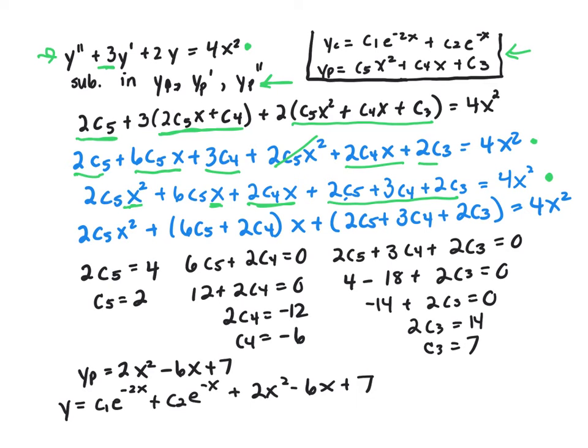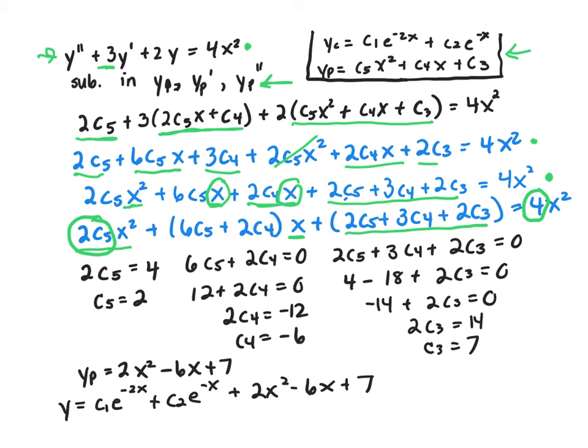And now I copied down the 2c5 x squared. I factored this x out. Here it is, and here are my constants. And corresponding parts are equal. 4 is the coefficient on your x squared, so 4 has got to equal 2c5.